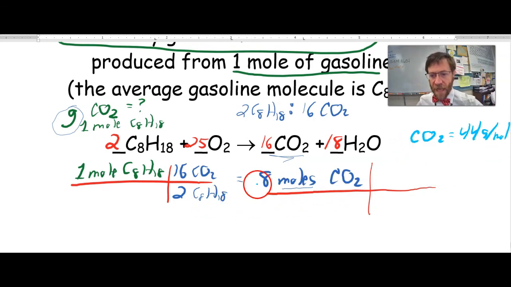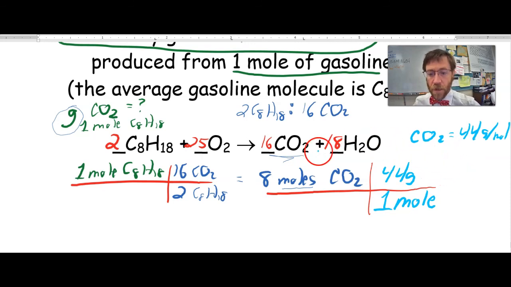If I have moles in the upper left, I'm going to want 1 mole in the bottom right, and I'm going to want 44 grams in the numerator, in the top there. So let's double check here. We got moles canceling out moles. I'm left with grams.